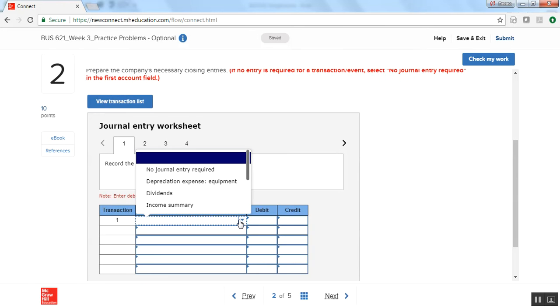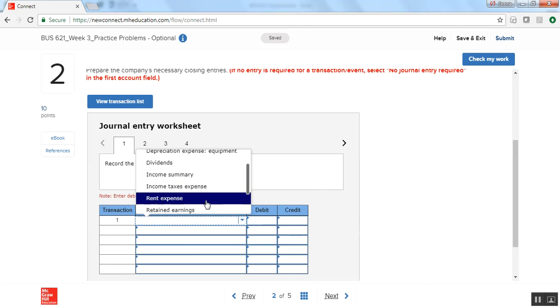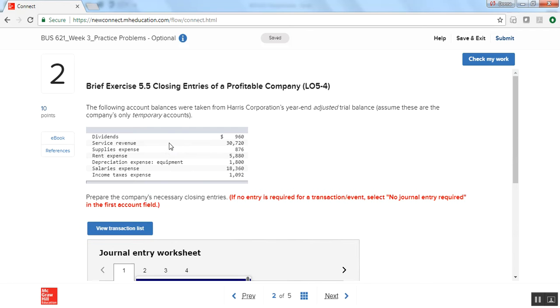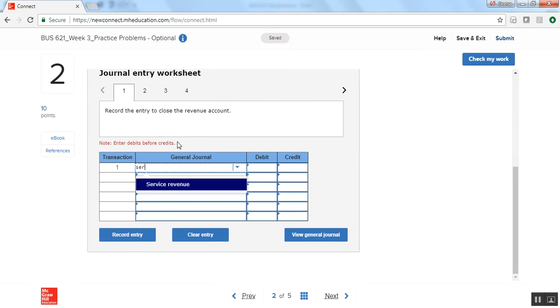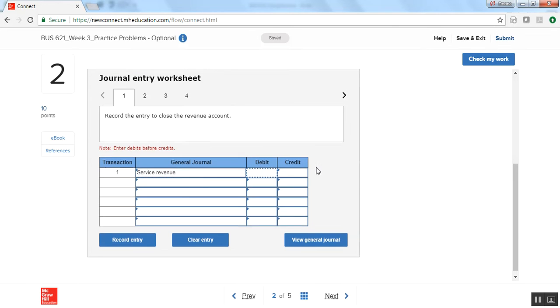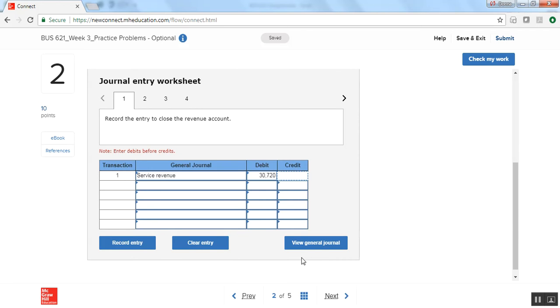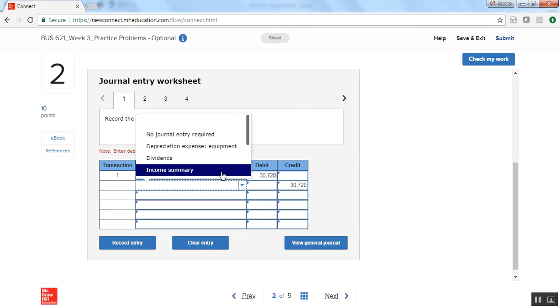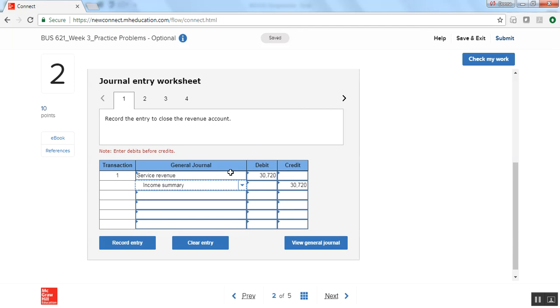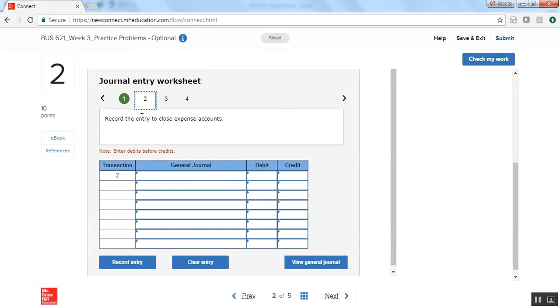So we're going to debit our revenue account, which is called service revenue, for the total amount of $30,720, and we're going to credit a temporary account, which we discussed in class is the income summary. Now we have a credit balance in the income summary.